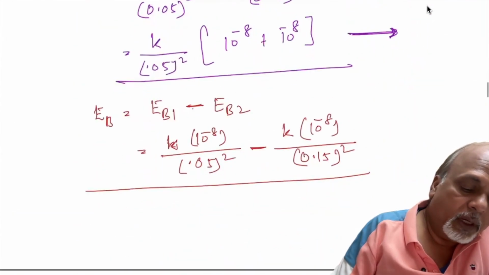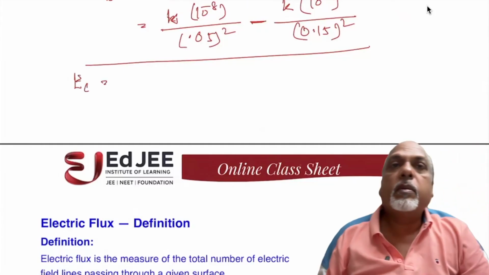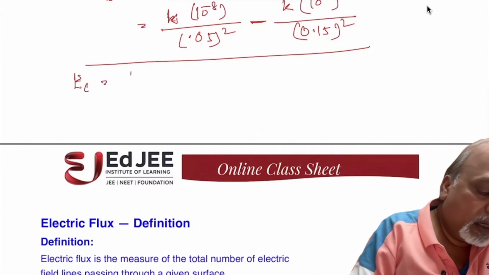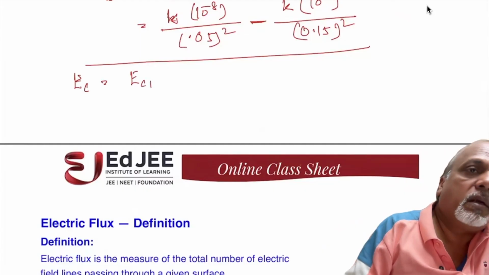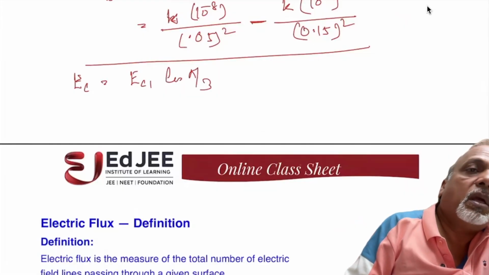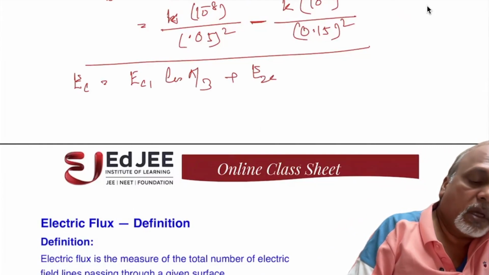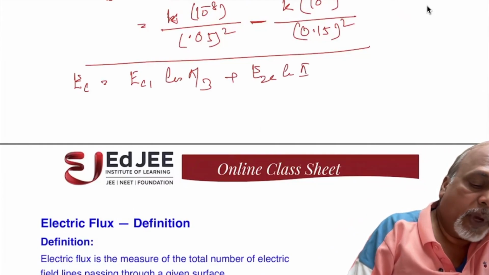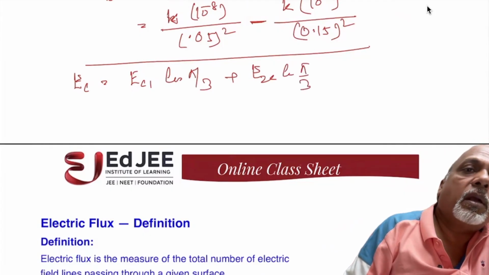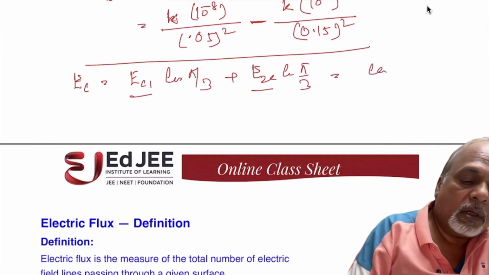So EC will be nothing but E1C cos pi by 3 plus E2C cos pi by 3, and E1C, this thing you already know, so you can calculate.